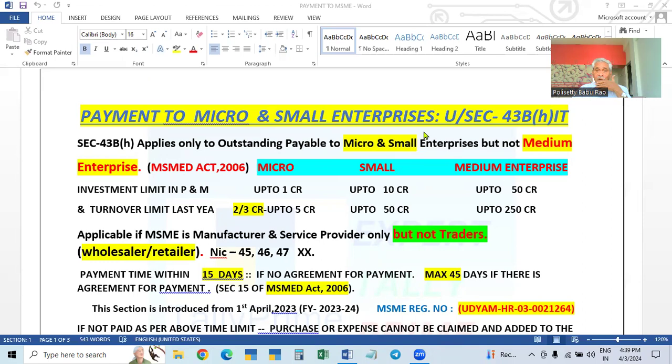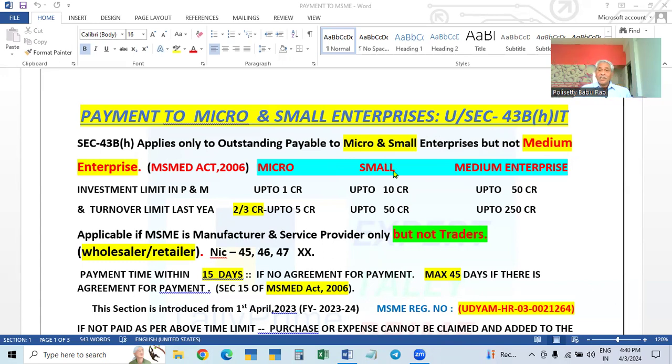In these two cases only, this section is applicable. That means anyone who purchased goods or services from any supplier who is registered under this Act, and comes under micro or small enterprise, not medium, then only this is applicable.